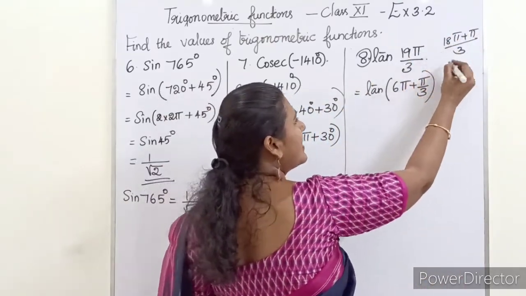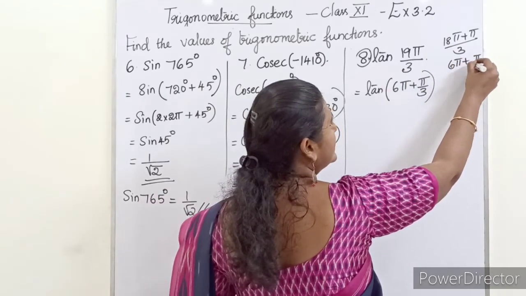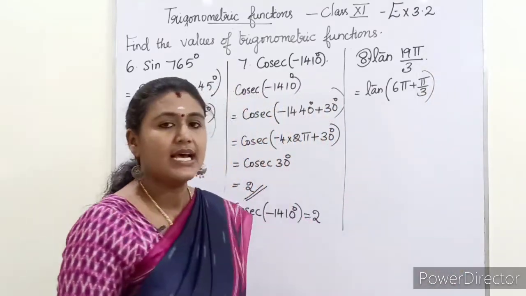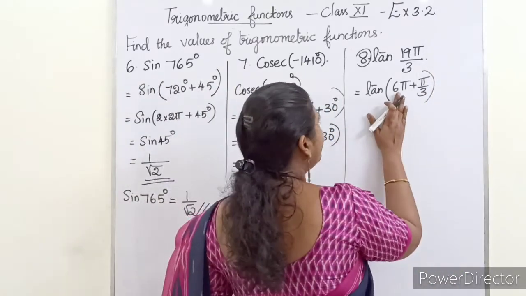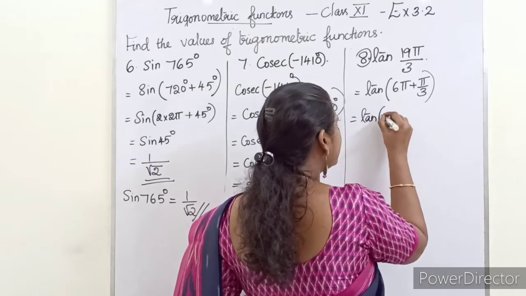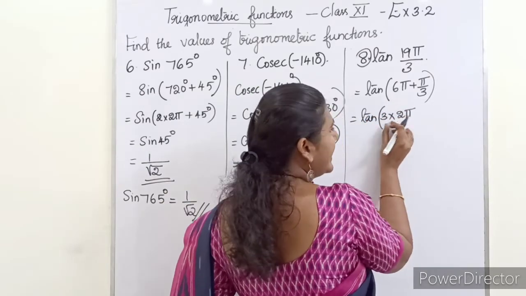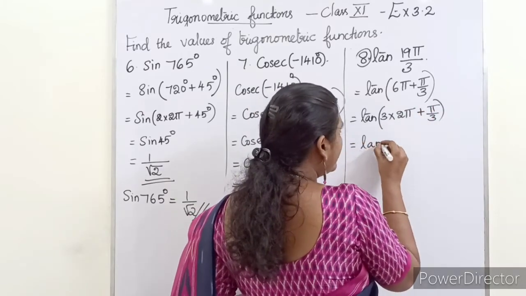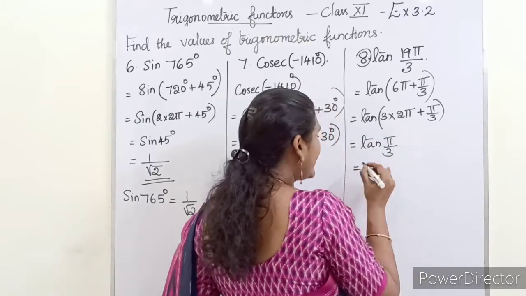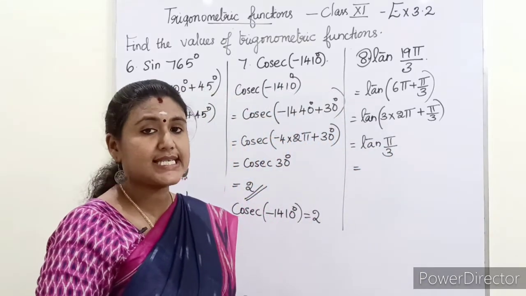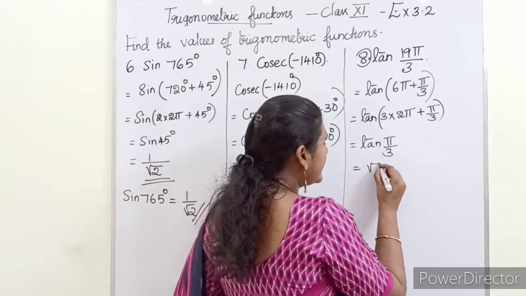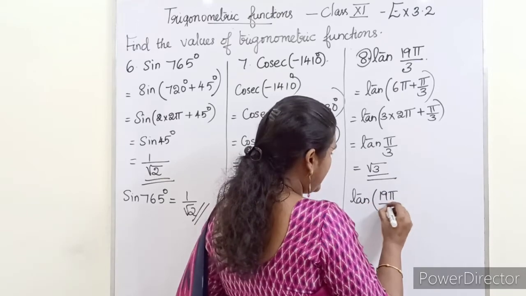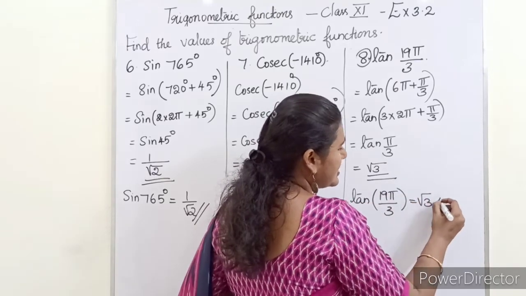Now we can write this 6 pi as 3 into 2 pi, that is an integral multiple of 2 pi, plus pi by 3. Now this is equal to tan pi by 3. So what is the value of tan pi by 3? Pi by 3 is 60 degree. So what is tan 60 degree? Root 3. So the answer for tan 19 pi by 3 is root 3.